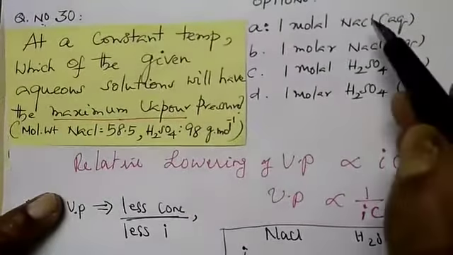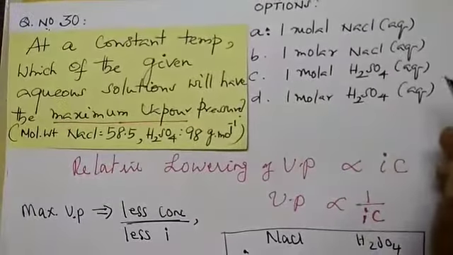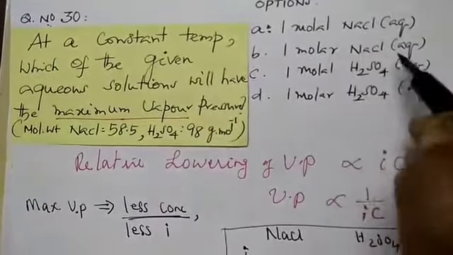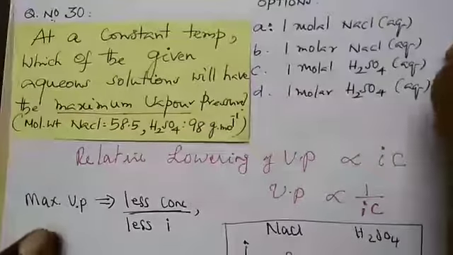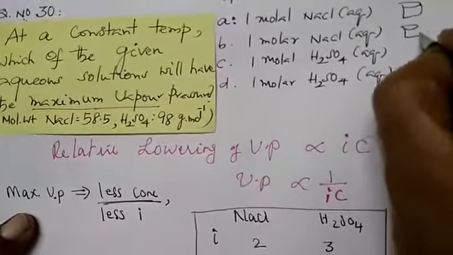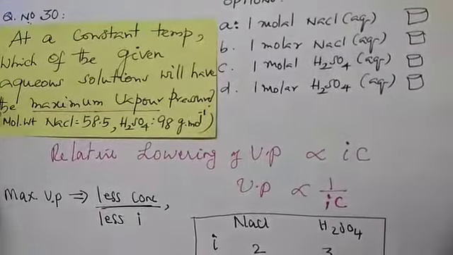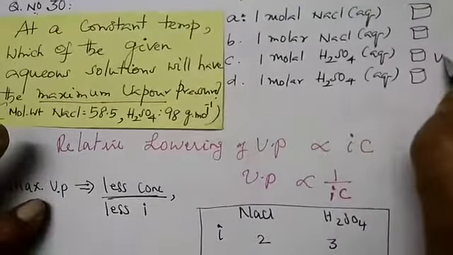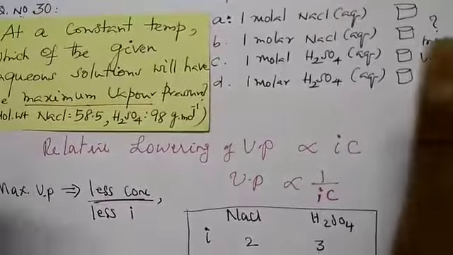You are provided with 4 solutions: 1 molar sodium chloride, another 1 molar sodium chloride, and 1 molar sulfuric acid and another 1 molar sulfuric acid. They are asking which of the given will have the maximum vapor pressure.